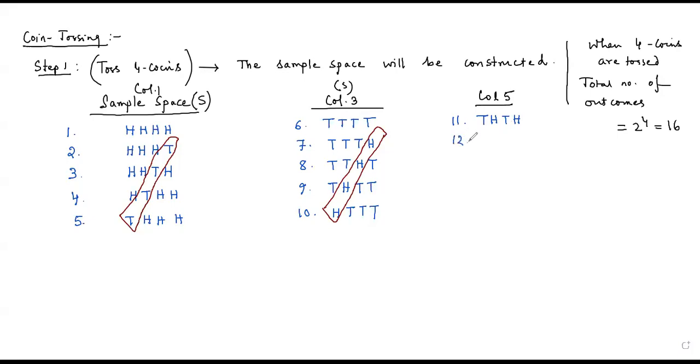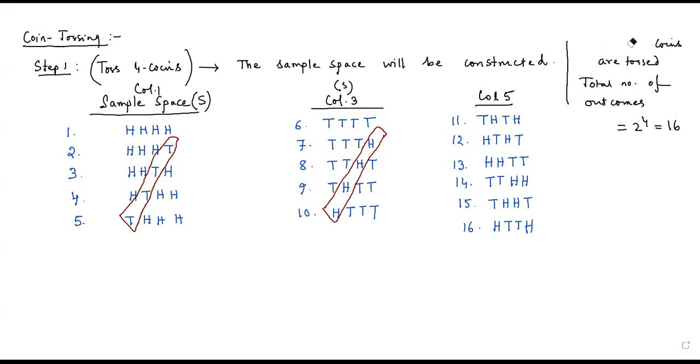By following this pattern, I can write HT, HT. This is one group. Now the 13th one is HH, TT, and then we can make it TT, HH. The 15th one we can make THHT, and the 16th one HTTH.